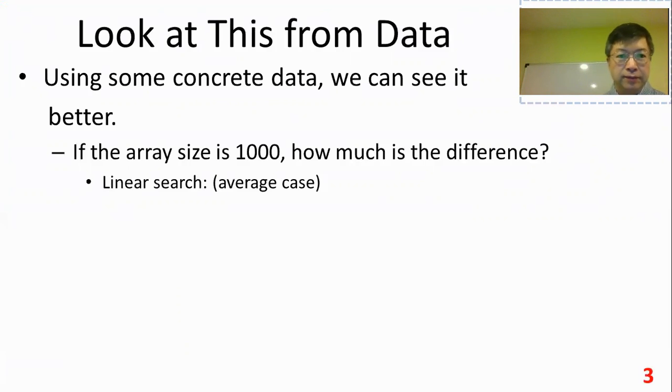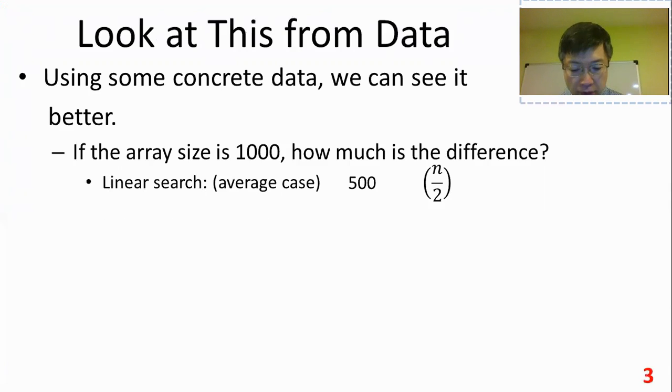For linear search, let's use the average case, because that's the best one to describe the overall performance. So average case, 500, because it is 1/2 of 1,000. The formula is n/2.